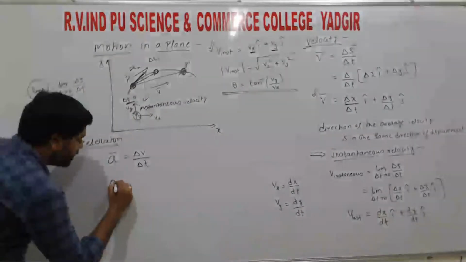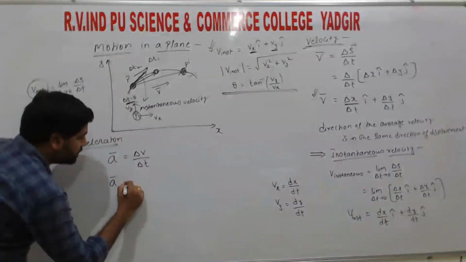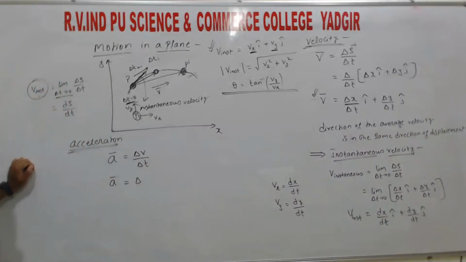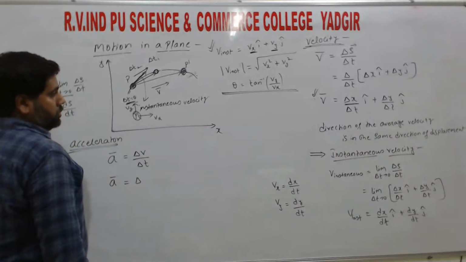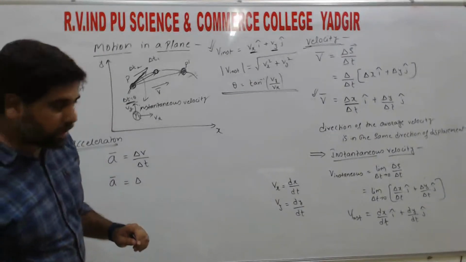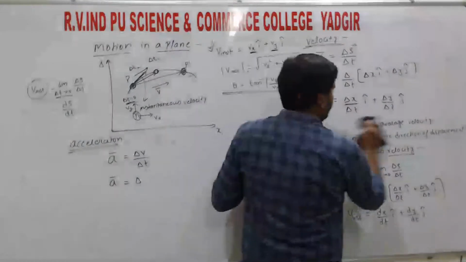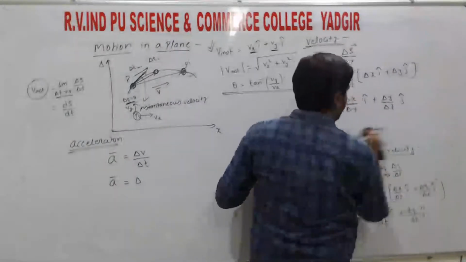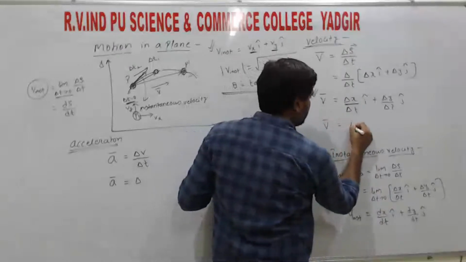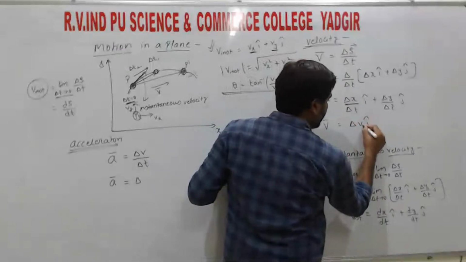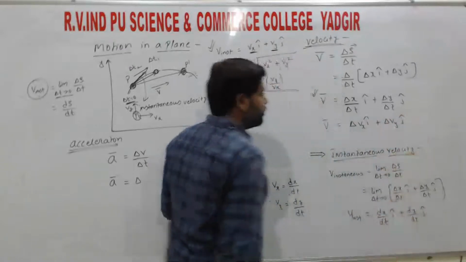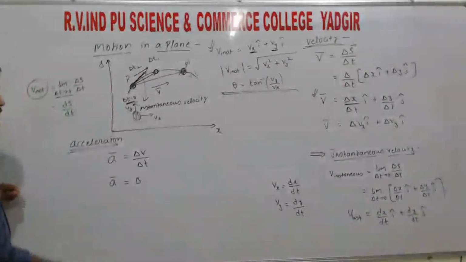So if I substitute here the average acceleration, so we get delta v, that is equal to delta v x i cap plus delta v y j, right? So that gives what? Average velocity.